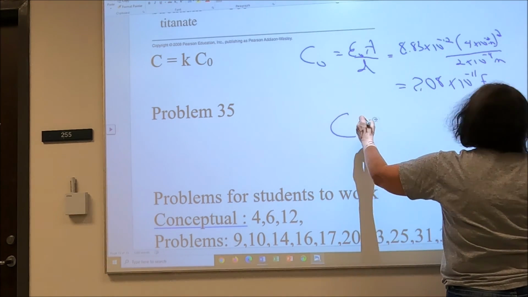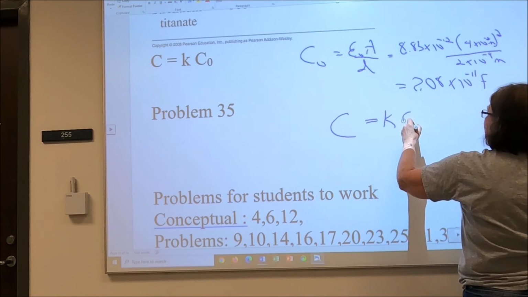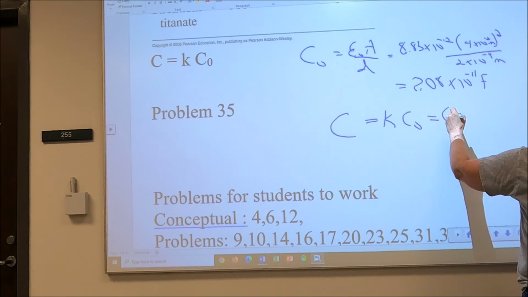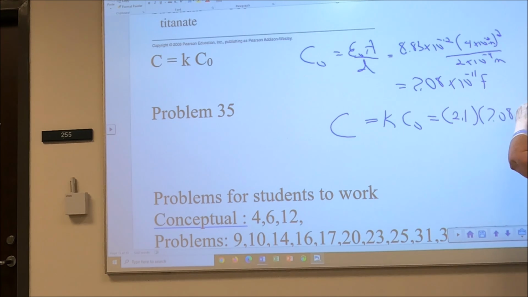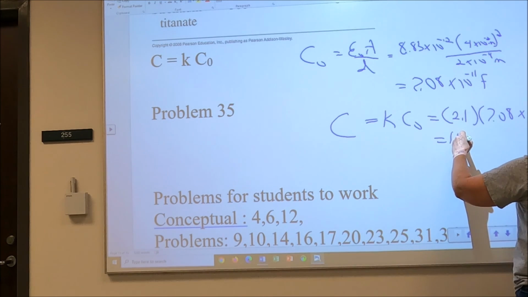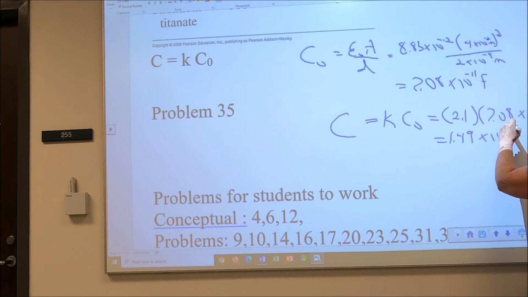So C should equal K times C0. So I take 2.1 times 7.08 times 10 to the minus 11 farads. So that's 1.49 times 10 to the minus 10 farads.